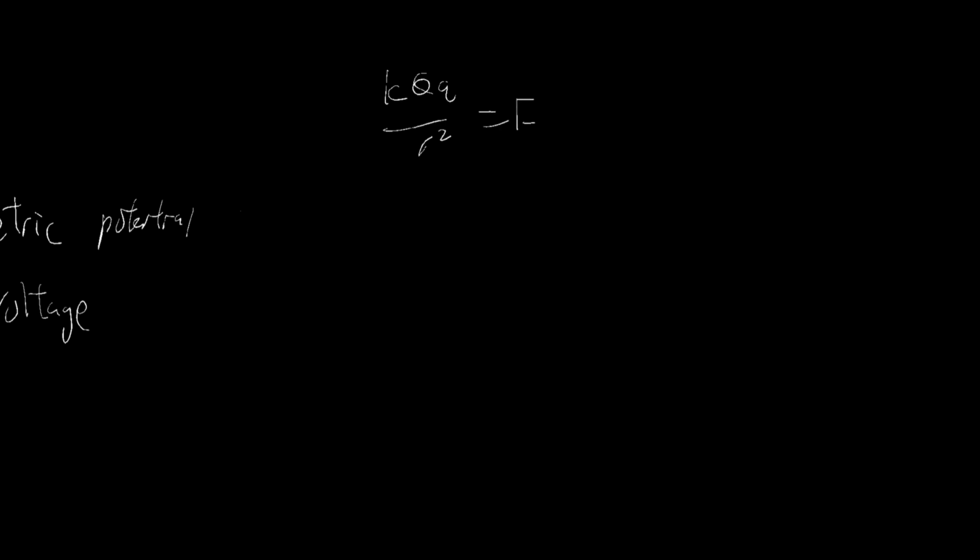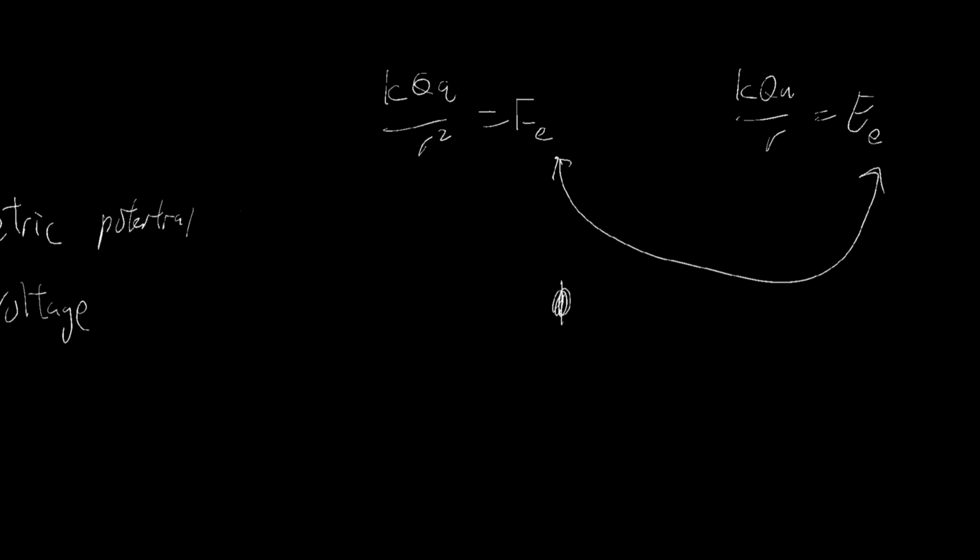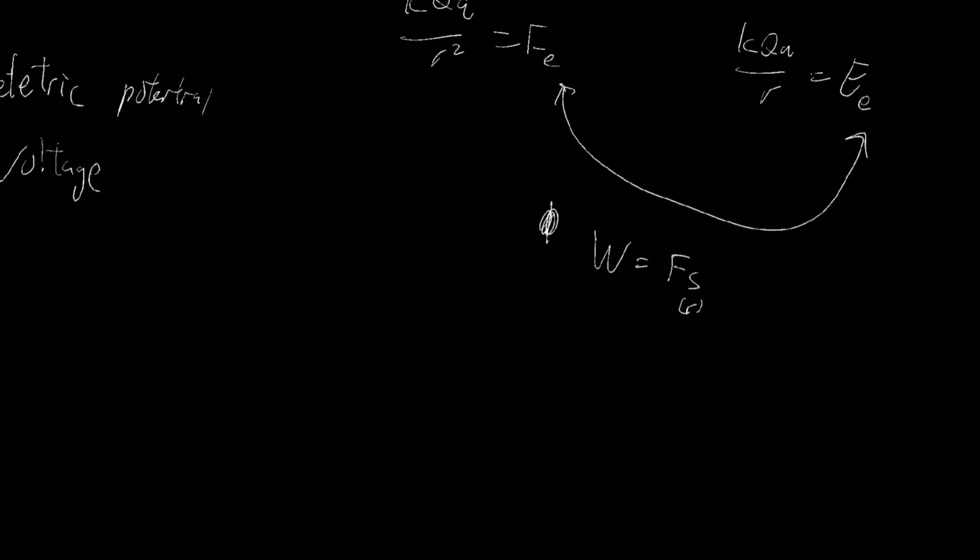Actually, before that, I forgot to mention: how does kQQ divided by r squared, which is the electrostatic force, relate to kQQ divided by r, the electrostatic energy? To relate these two things, you can use the equation that work equals Fs, where s is a distance, which is r in this case.